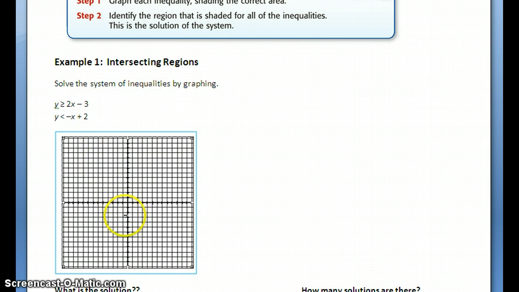When I graph this, I'm going to start on negative 3. And I have a slope of 2, so I'm going to go up 2 and over 1, and up 2 and over 1, and up 2 and over 1. And I'll just keep doing this for a little while. In fact, it's really best if you can go to the end of each side of the graph. There is an equal sign here, so I know I'm going to have a solid line.